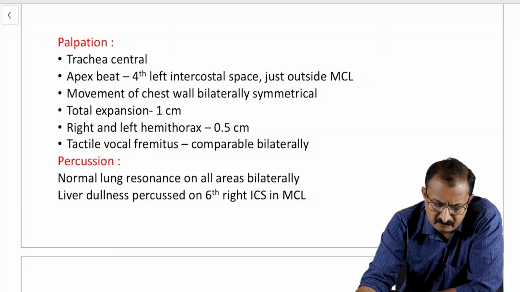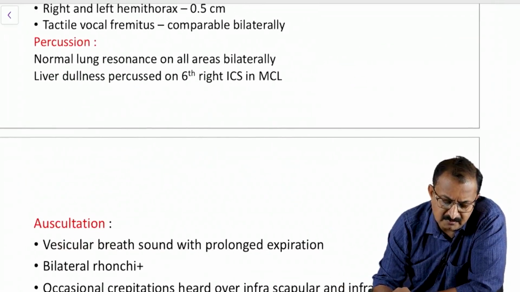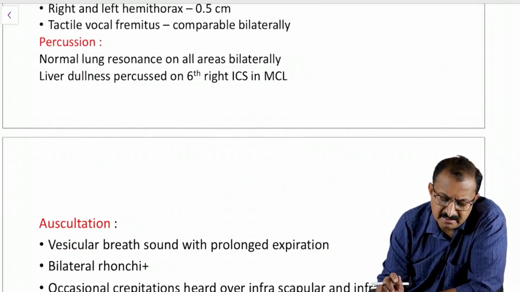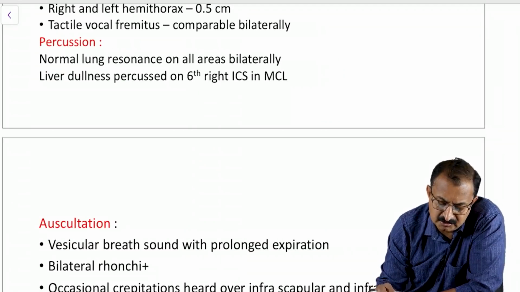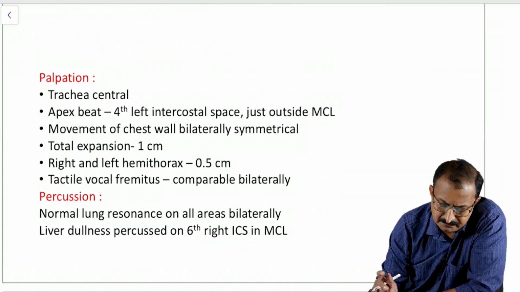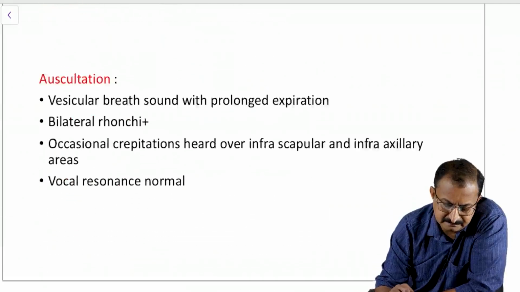Tactile vocal fremitus is comparable bilaterally. On percussion, normal lung resonance in all areas bilaterally, and liver dullness percussed in the 6th right intercostal space in the midclavicular line. So the liver dullness is pushed down; you expect it in the 5th space.